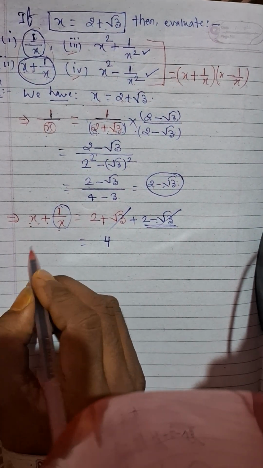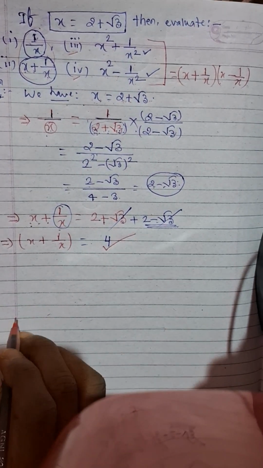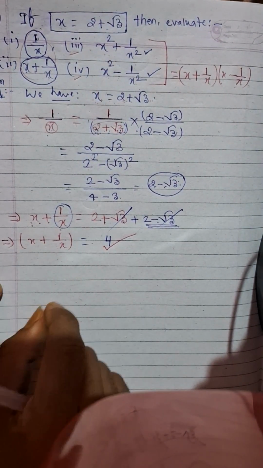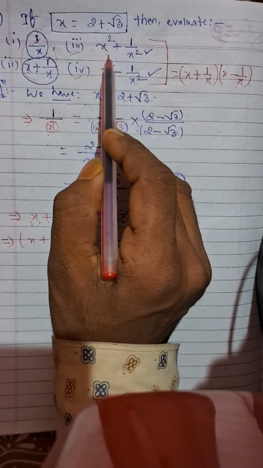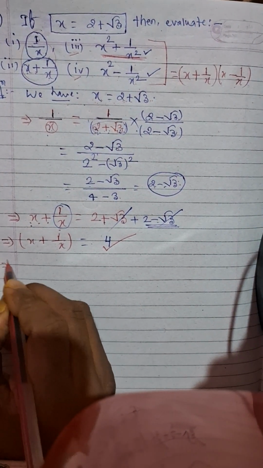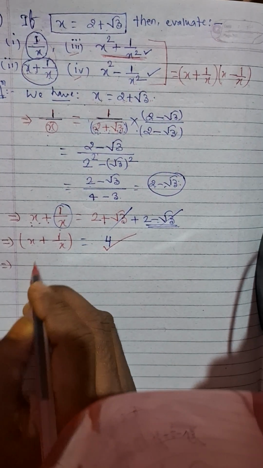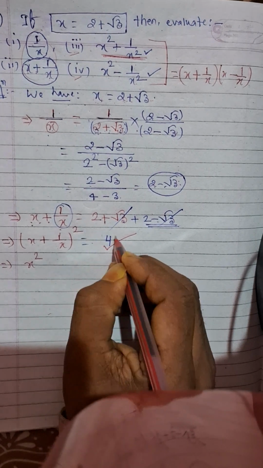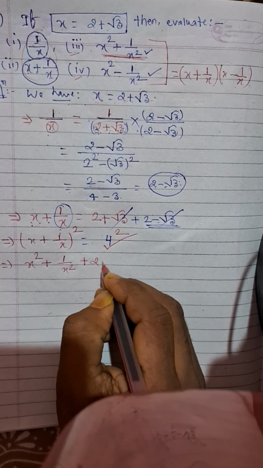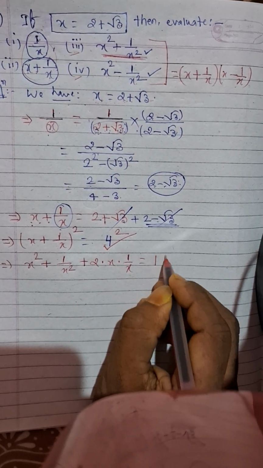You can see that x plus 1 over x is 4. How will you get x square plus 1 over x square using this equation? You can see that this expression involves square terms. So if we square both sides, then we get x square plus 1 over x square plus 2 times a times b, and 4 square is equal to 16.